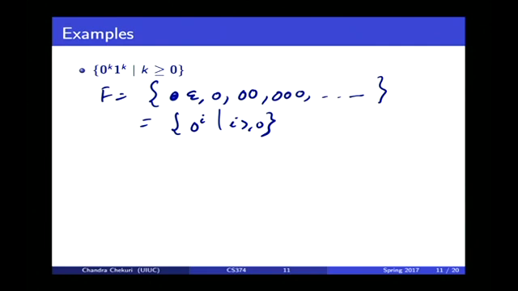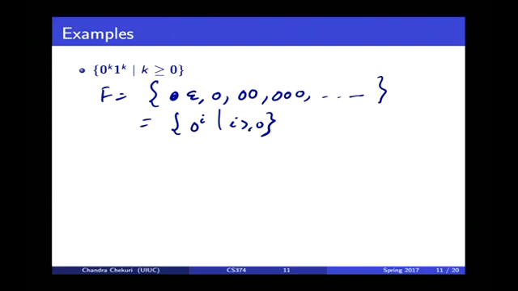So for any two strings in this fooling set, they are actually distinguishable by the language. And because it's an infinite fooling set, there is no DFA which can accept it. If I take any two strings in this, they have to go to two different states. But there are infinitely many strings in this fooling set, which means that the DFA should have infinite memory. So there's no DFA for this.